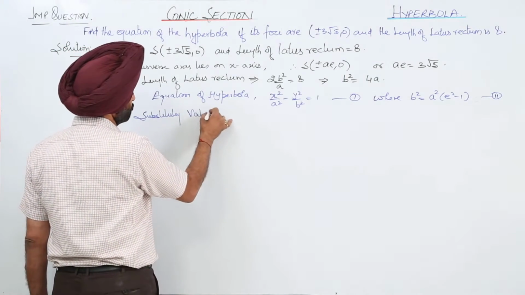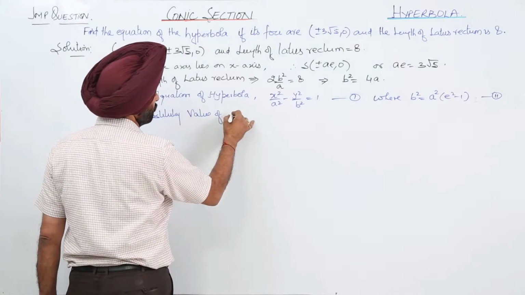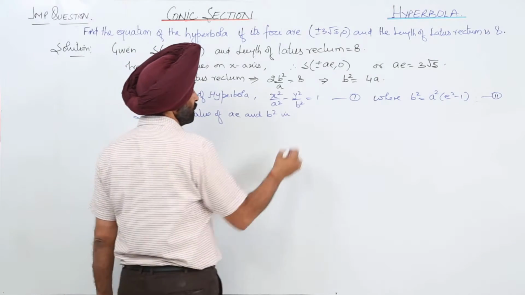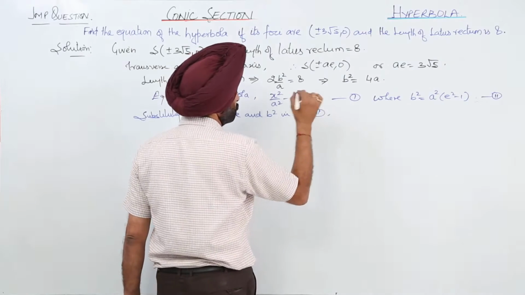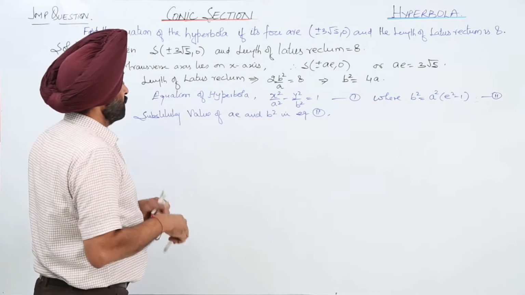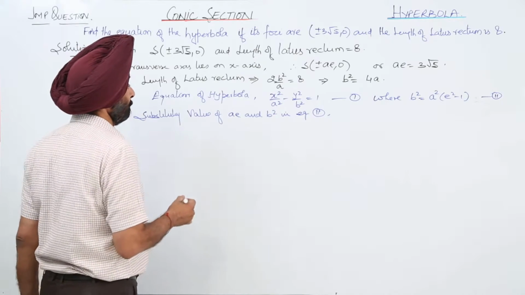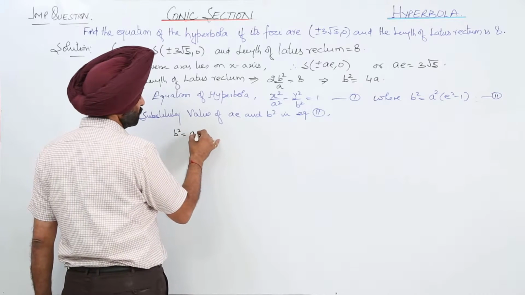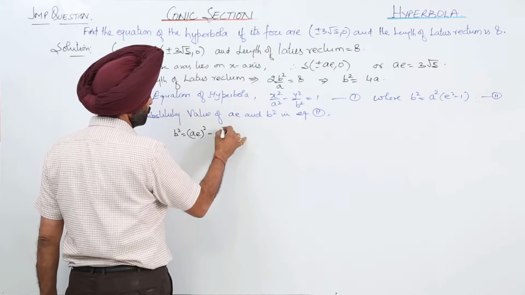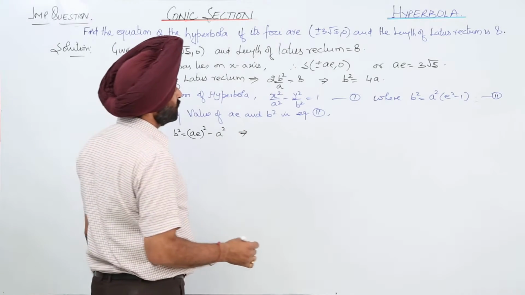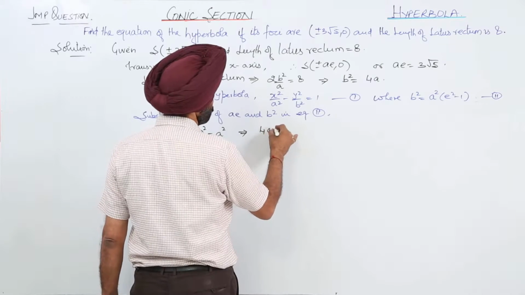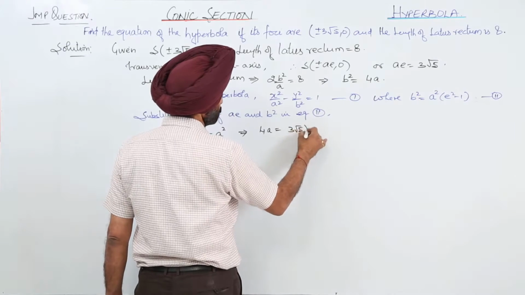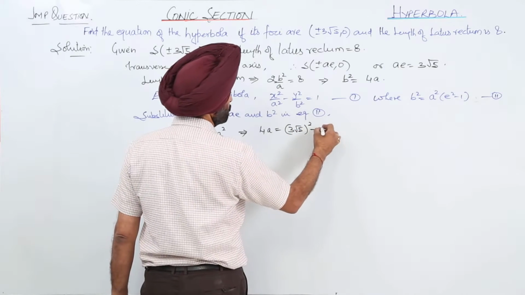Substituting values of ae and b square in equation 2, what we are getting? b square is equal to ae whole square minus a square. b square is 4a, so 4a is equal to 3 root 5 whole square minus a square.